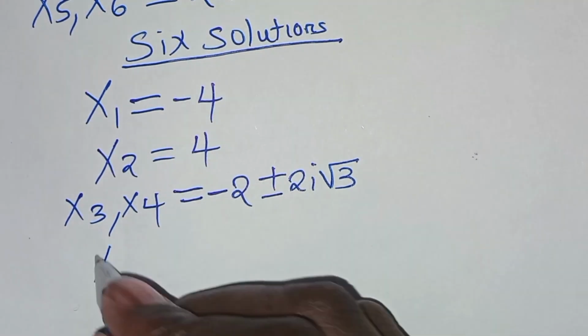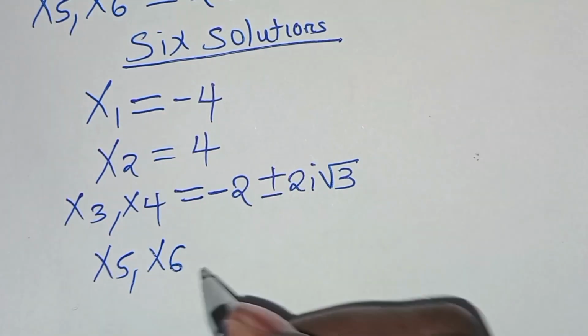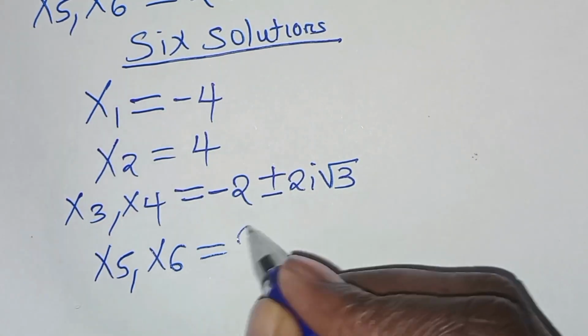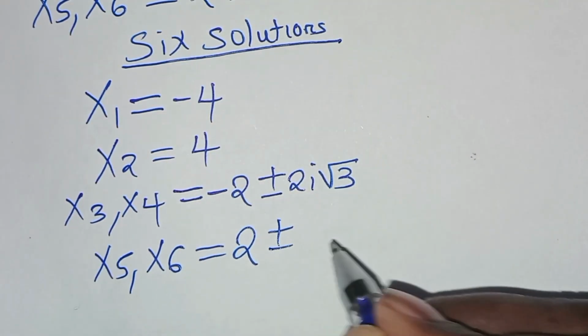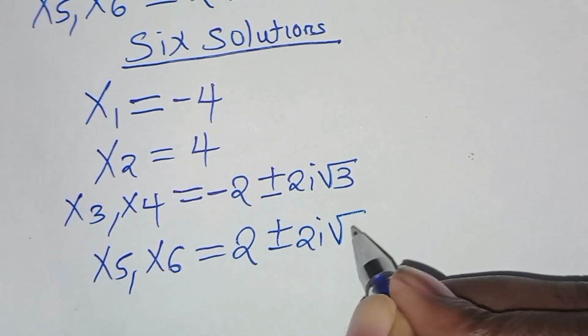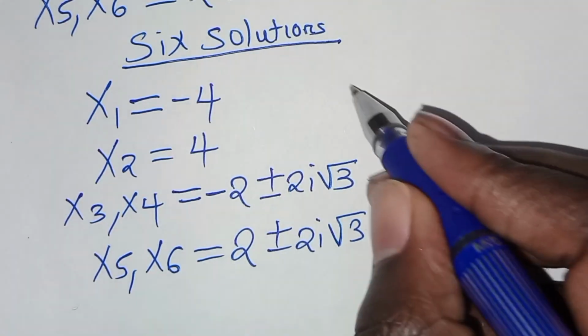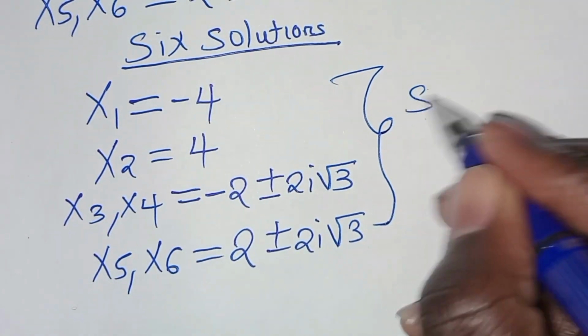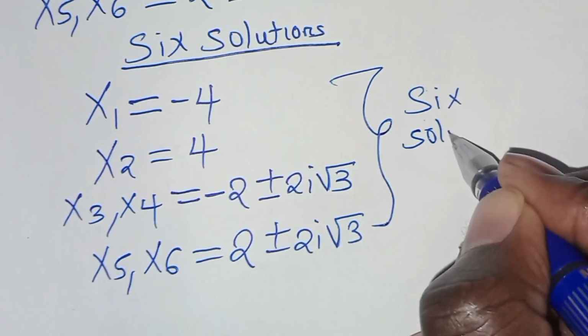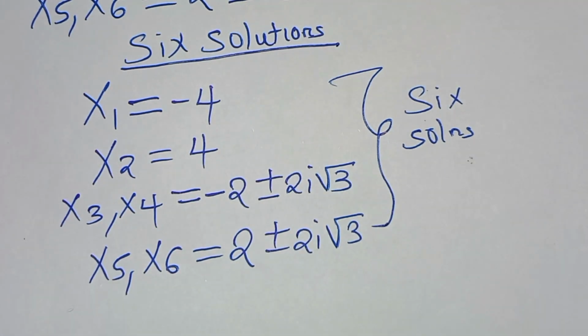We have x5, x6, which is 2 plus or minus 2i square root of 3. So these are the 6 solutions to this exponential problem.